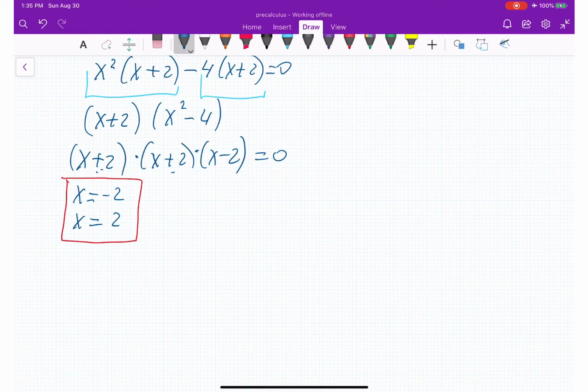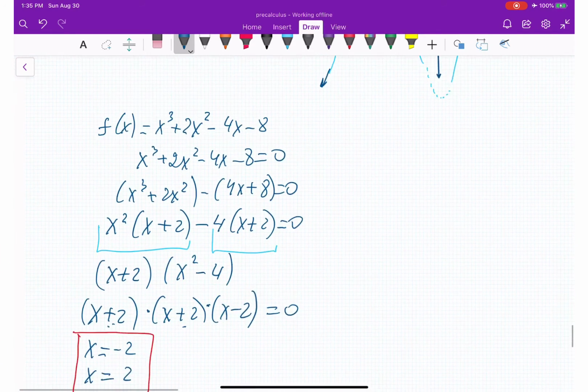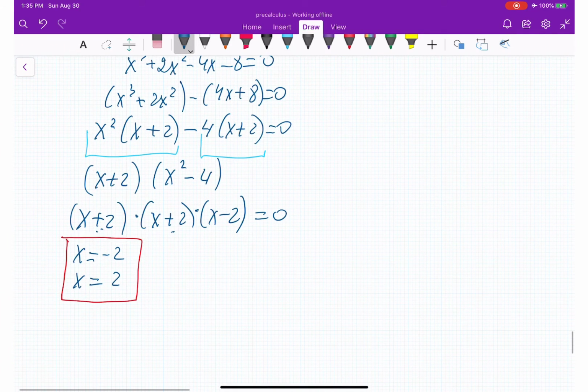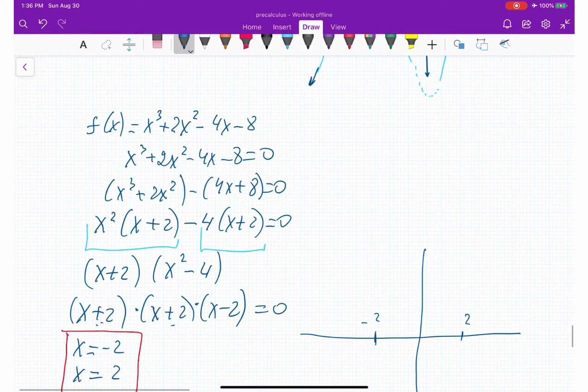Okay? If you look at the graphing calculator, if you build this graph, this is how it's gonna look like, and I'm going to build. So what we will have here, it's gonna be negative 2. If this is negative 2, this is gonna be positive 2. And our end behavior, it's what's gonna look like.